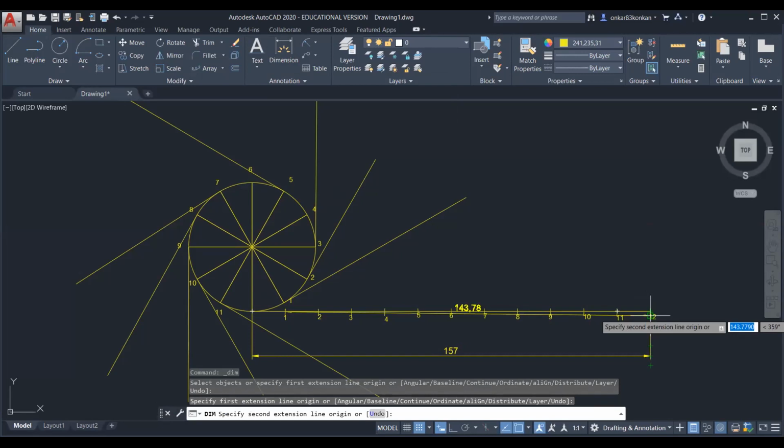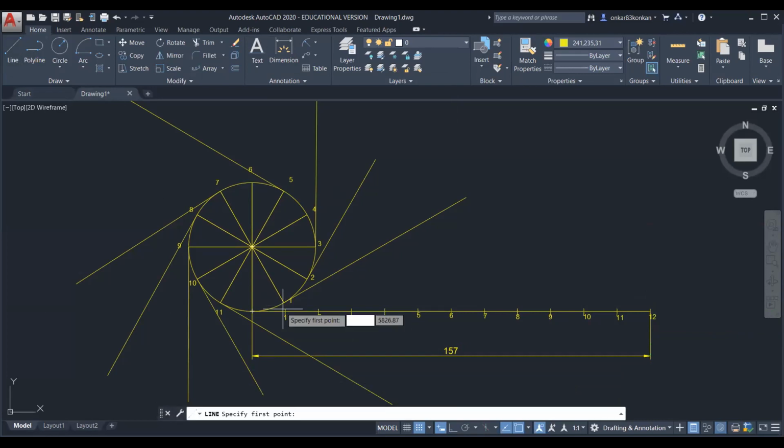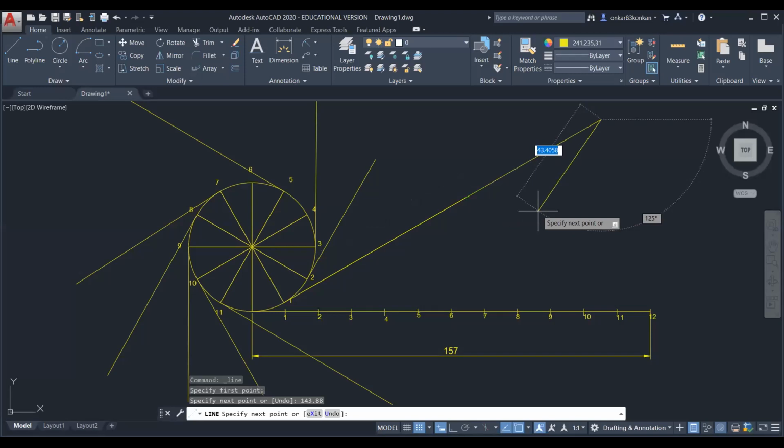So right now it is 143.88. Basically, you will draw the arc on this line, which is drawn tangent at point 1.